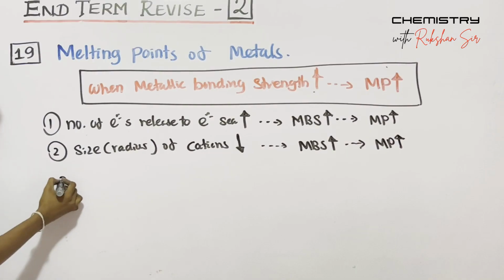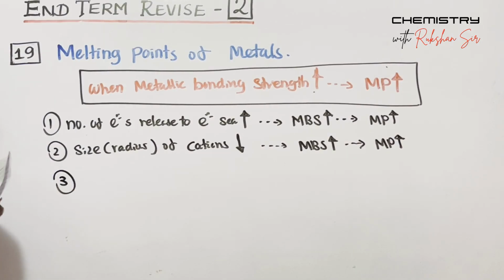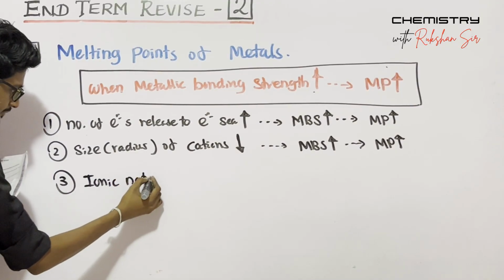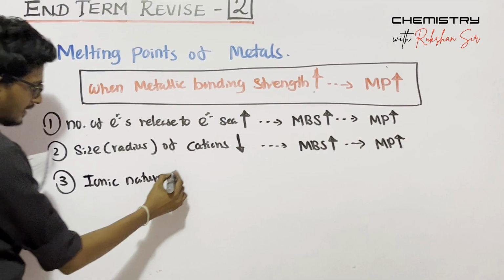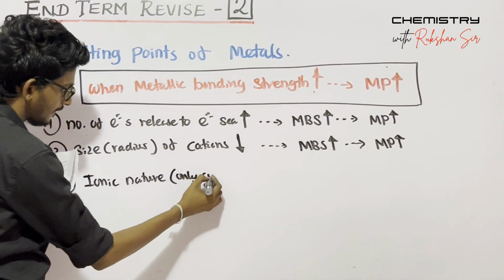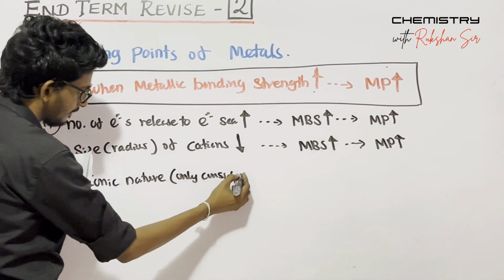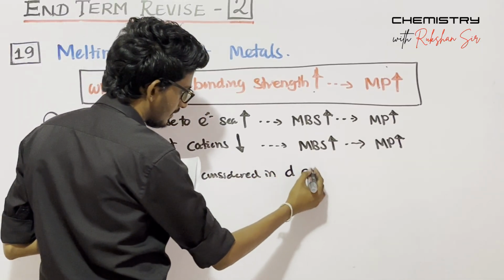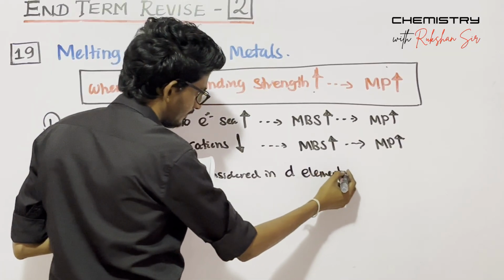The third factor is actually the ionization energy, basically only considered in d block elements in our syllabus.